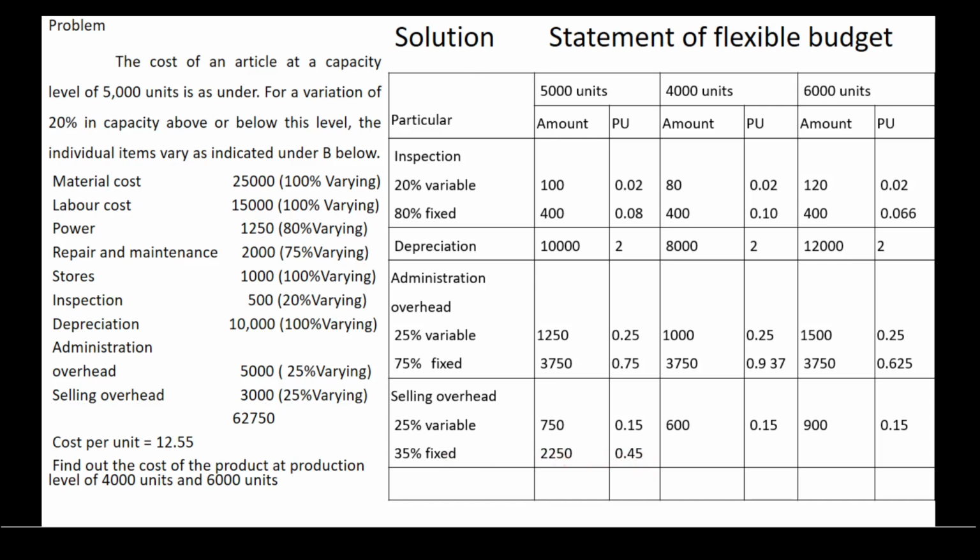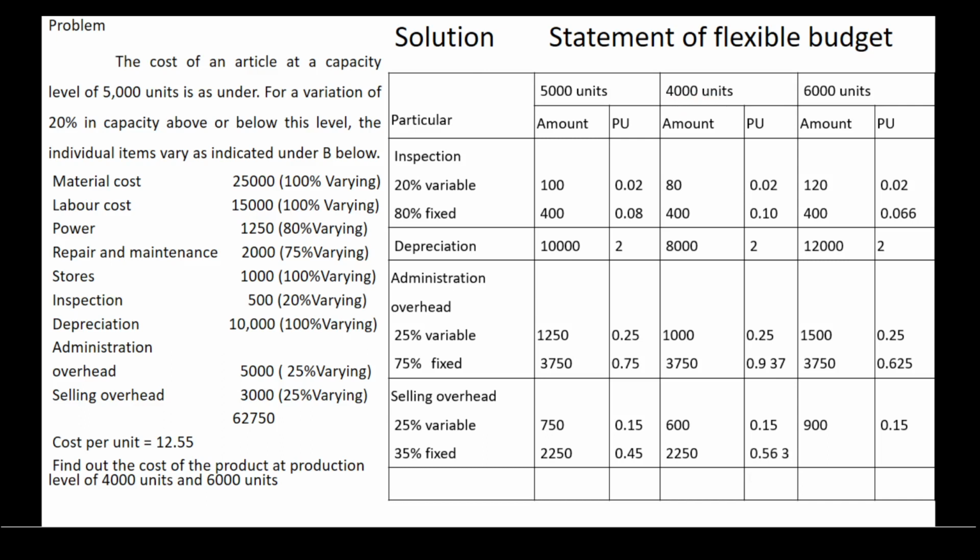Here the amount is the same in all capacity levels. The cost per unit changes. So here the amount is the same in the 4,000 units also. That is 2,250 rupees. So this 2,250 rupees is divided by the 4,000 units. So now the cost per unit is rupees 0.563.